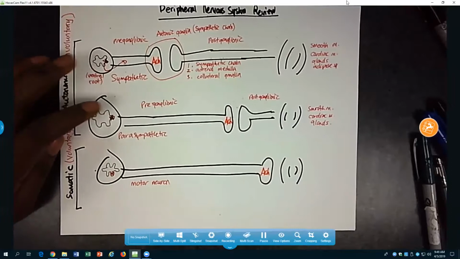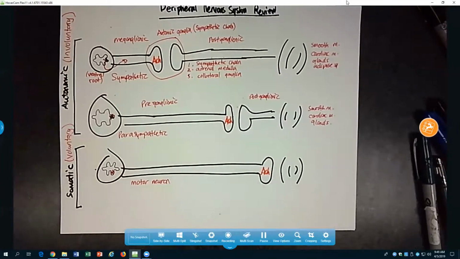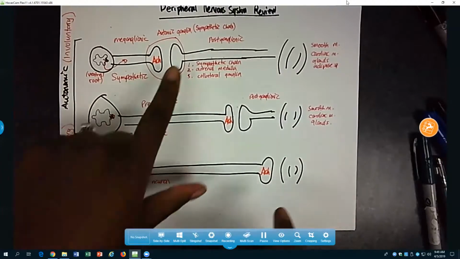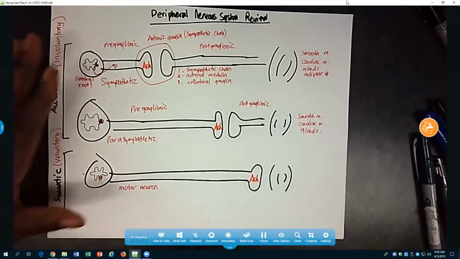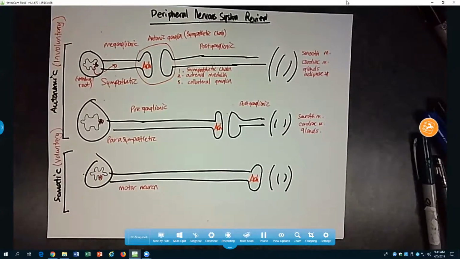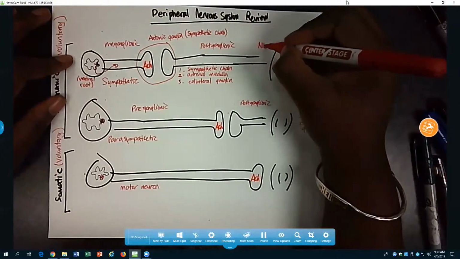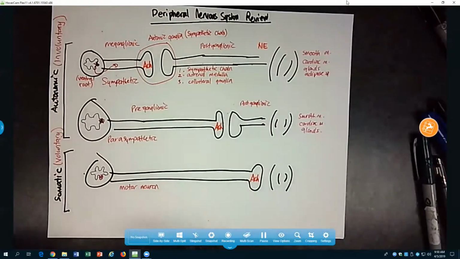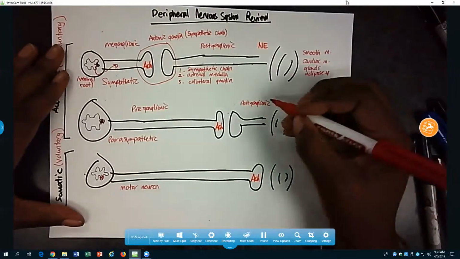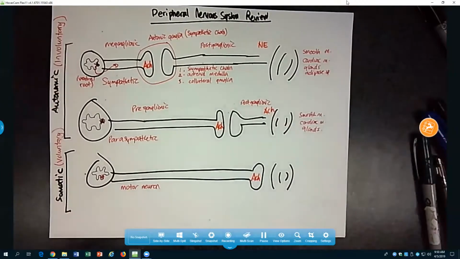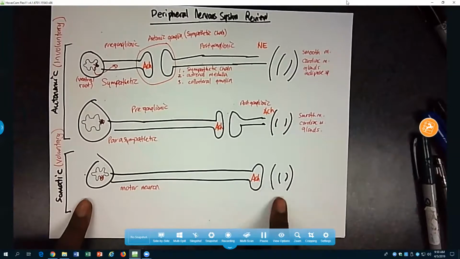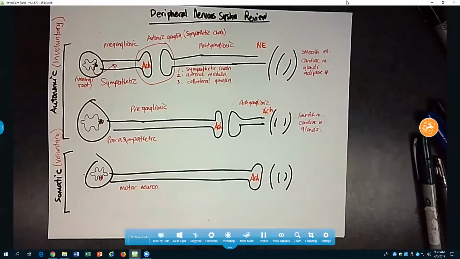Okay. What about the postganglionic neuron? What does it release on the sympathetic side, let's say? Norepinephrine. Good. So on the sympathetic side, norepinephrine is being released at this junction. What about on the parasympathetic side? Acetylcholine again. Perfect. And then the somatic system only has one synapse, and that's always acetylcholine.